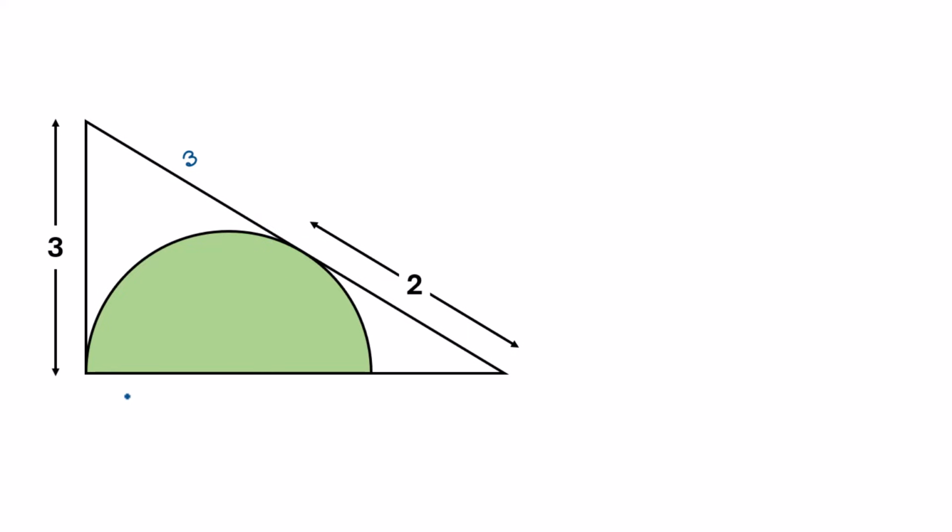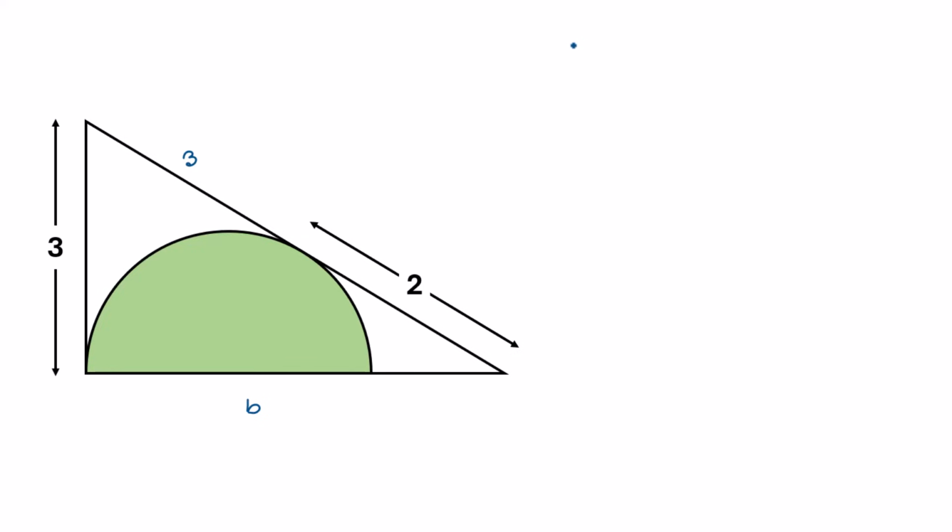Consider the base of this triangle is b. So applying Pythagoras theorem, we can write the height squared.